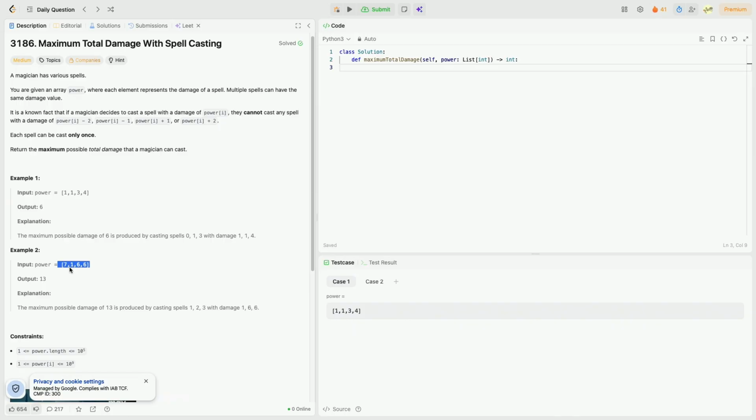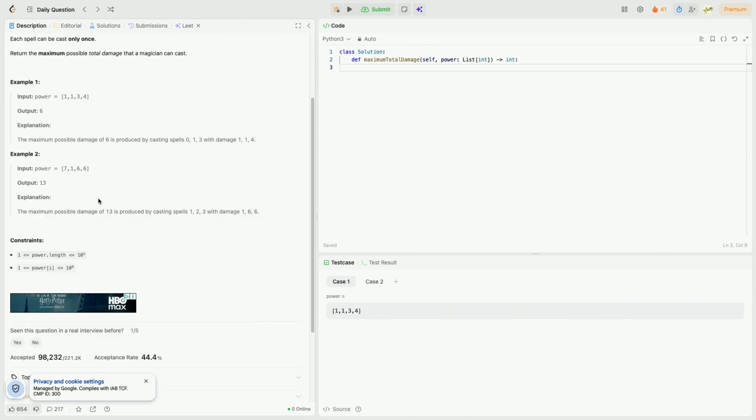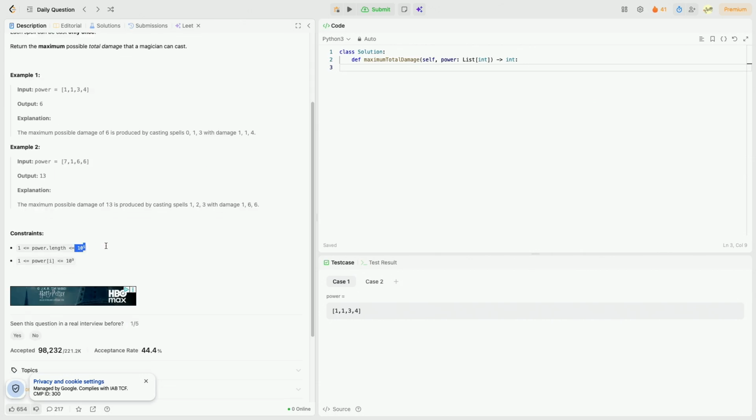And we would just skip over indices where the power of the spell is within the range that needs to be excluded. So I think that is the more efficient approach because it uses less space. And you can see here the length of the array of spells is 10 to the 5th power, which is quite long. And that would be, in the worst case, space we would have to use.